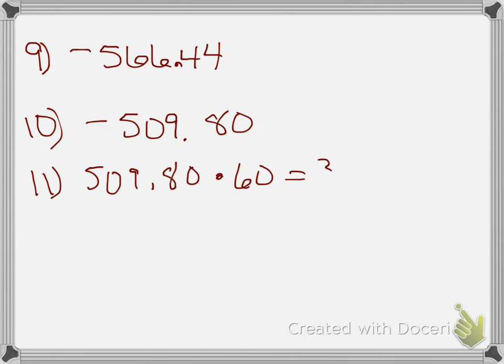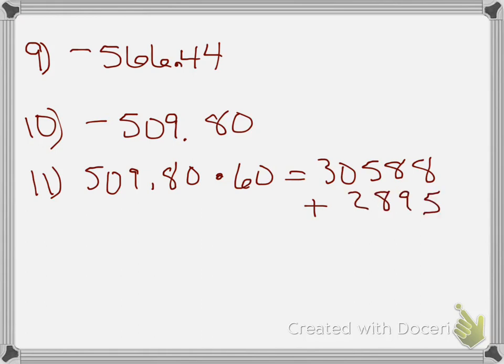Number 11 expects you to do this. Okay, before we get too far here. Take the payments, $509.80 from number 10, multiply it times the years times 12 months, which would be 60. 5 times 12 is 60, and you get $30,588. Now, $30,588 is the amount of money spent on the loan. Add in the down payment.